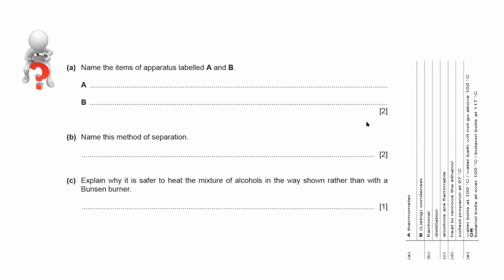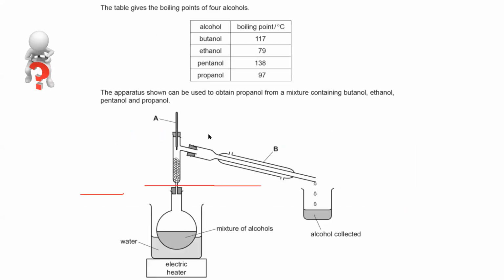So A is thermometer, B is condenser. Name this method of separation. We discussed it, it's called fractional distillation. Explain why it is safer to heat the mixture of alcohols in the way shown rather than with a Bunsen burner. So why are we using an electrical heater here? Why are we not using a Bunsen burner to heat this alcohol?